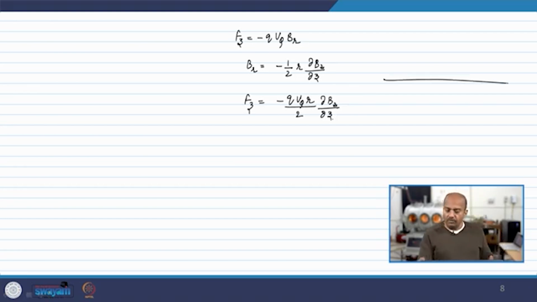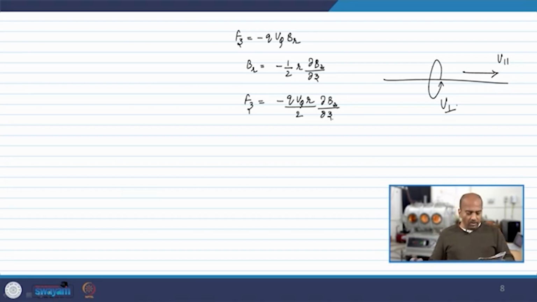Now, if this is your z direction, and the particle is gyrating like this, the velocity component becomes v parallel and this velocity component is v perpendicular. So, v perpendicular has the x and y components, vx square plus vy square, whereas v parallel is simply vz square. So, we can safely assume that the r and phi components will still continue to give circular motion.